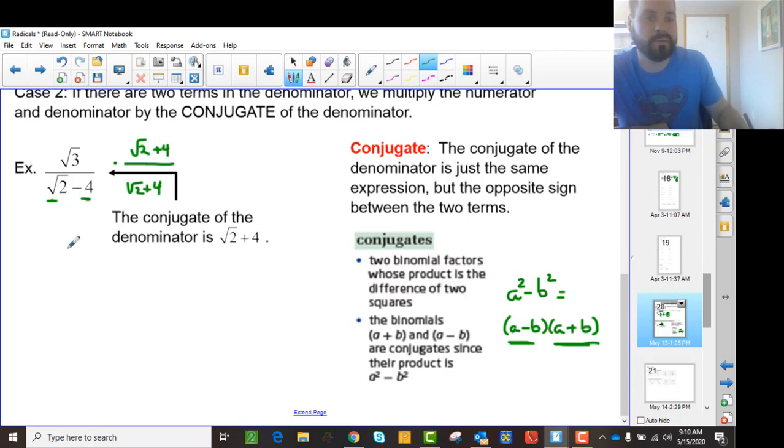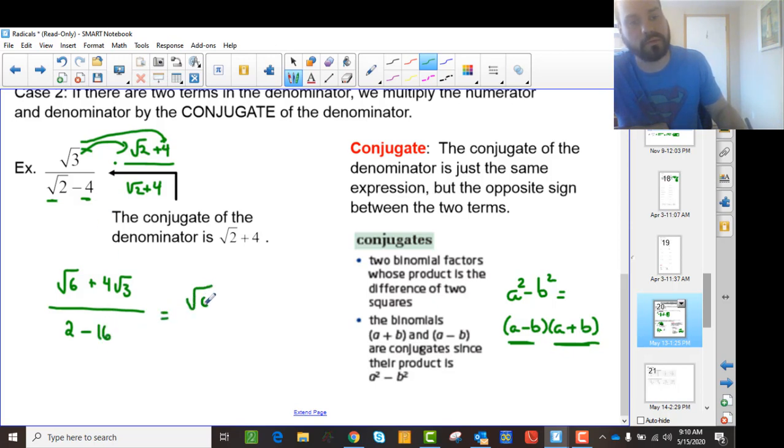When we do that, the top is going to become root 6 plus 4 root 3, right? Because we're multiplying root 3 by root 2 and then root 3 by 4. And the bottom, all we do is we square the 2, so it becomes 2, and we square the 4, and it becomes 16. So what we then end up with is the square root of 6 plus 4 root 3 divided by minus 14. Okay? Sorry, minus 14, not minus 12.